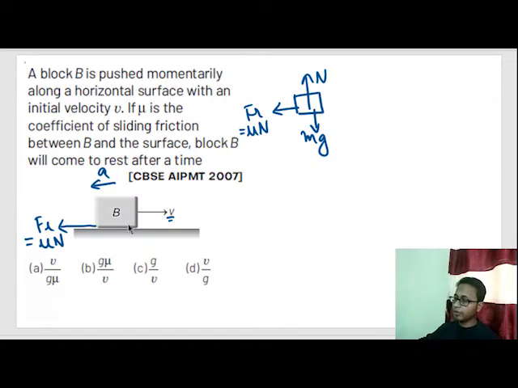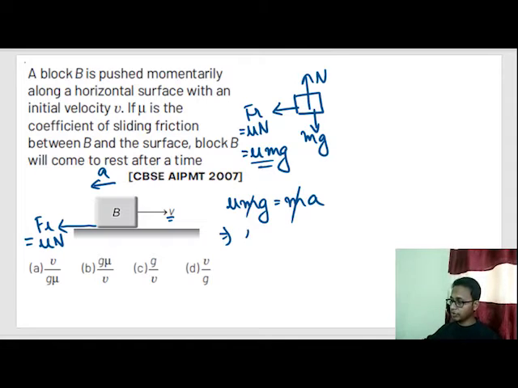That means N is equal to mu mg. This force of mu mg will cause an acceleration in this direction, so mu mg is equal to ma, or the acceleration in the left direction is equal to mu g.